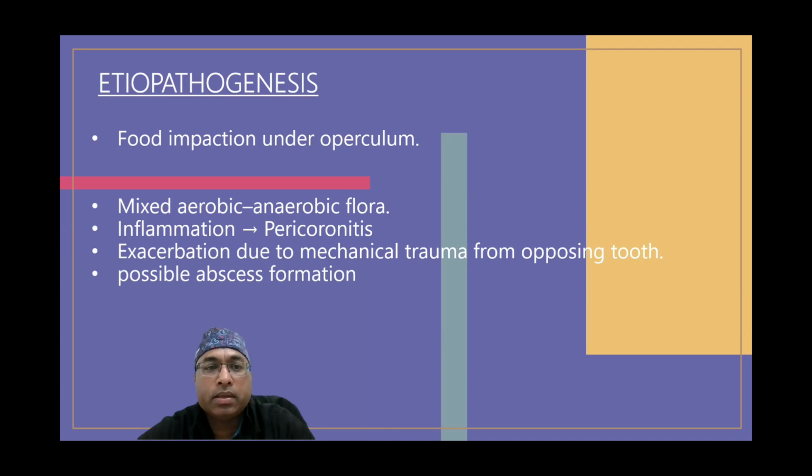There can be exacerbation of this pericoronitis due to mechanical trauma from the opposing tooth. For example, in case of mandibular third molar, the pericoronal flap can get exacerbated due to pressing from the maxillary second or third molar. And finally, it can lead to possible pericoronal abscess formation.